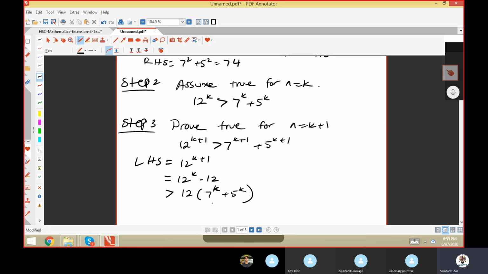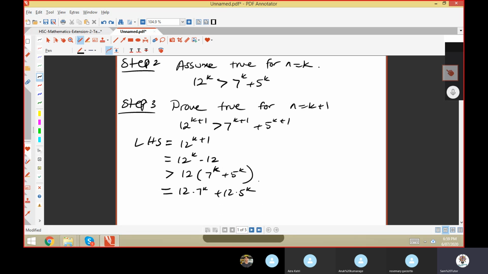Any questions? This line is equal to 12 times 7 to the k plus 12 times 5 to the k. Do we get that? This line is equal to this line, right? Because you can't say this line is bigger than this line. All you've done is expand.